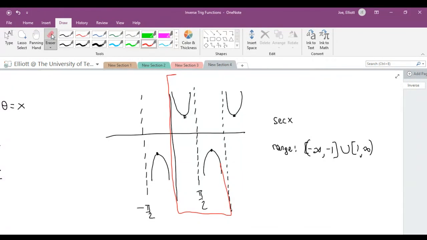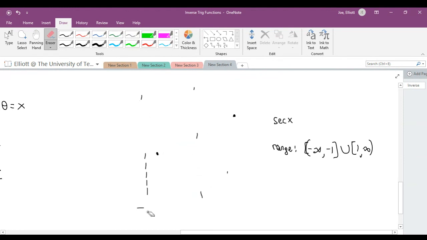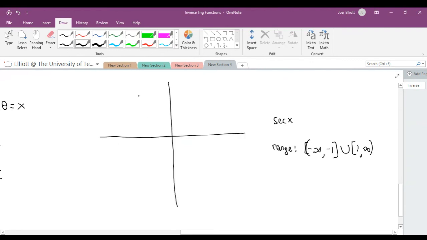Yeah, my picture is a bit off, isn't it? I should redraw my picture a bit. Yes, I drew my picture kind of bad, and that's why it was confusing. Because it has vertical tangents, blah, at the negative pi over 2's and pi over 2's.